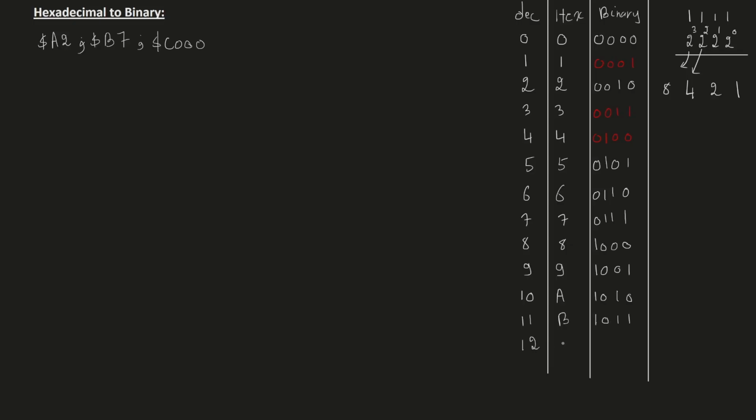12 in decimal is C in hexadecimal. In order to get 12, we can add 8 plus 4. So that's 1, 1, 0, 0. 13 is D. In order to get 13, we can do 8 plus 4 is 12, plus 1 is 13. So these three bits need to be 1: 1, 1, 0, 1. 14 in decimal is E in hexadecimal, so in binary it's 1, 1, 1, 0.